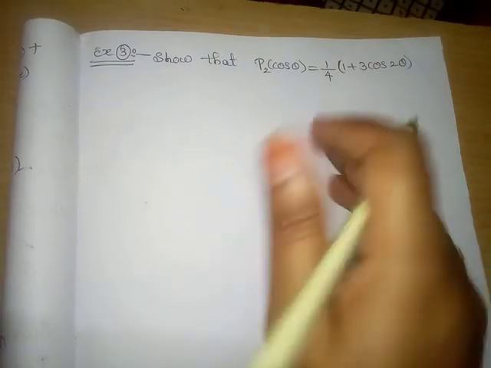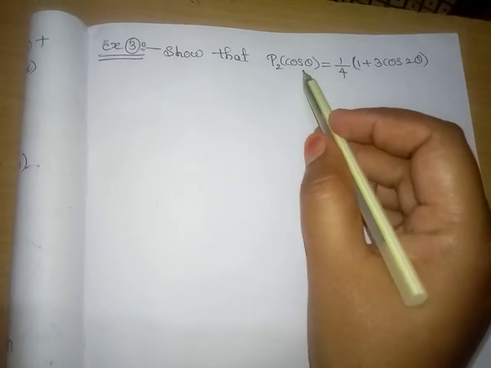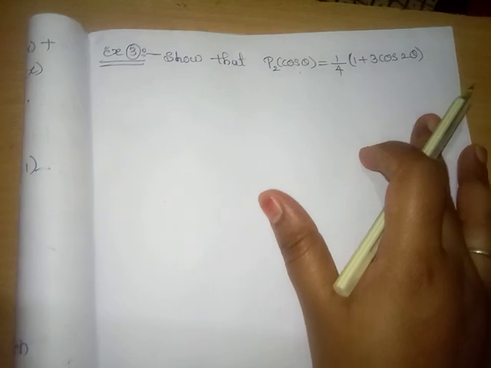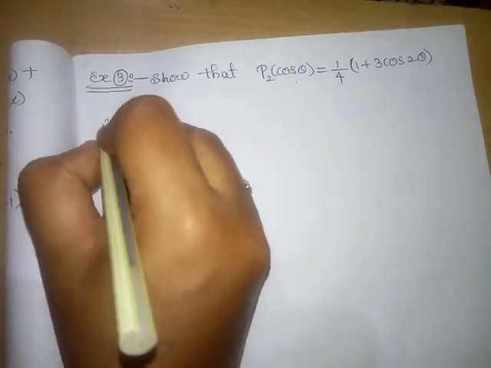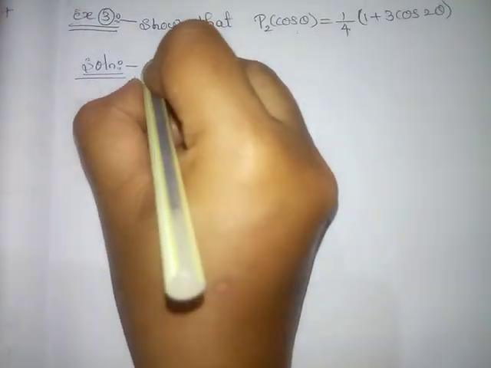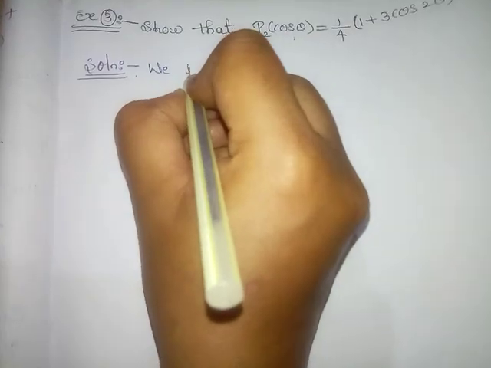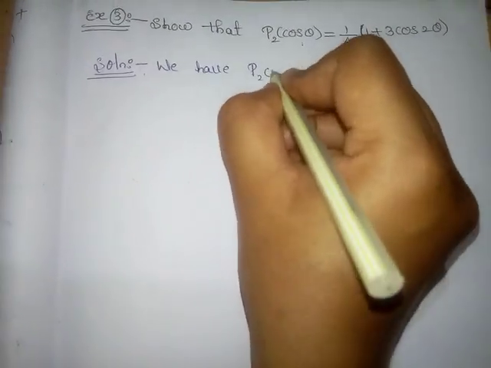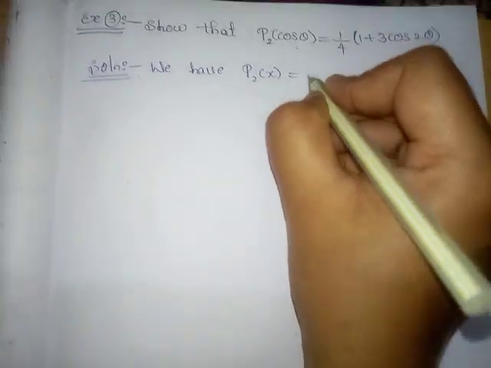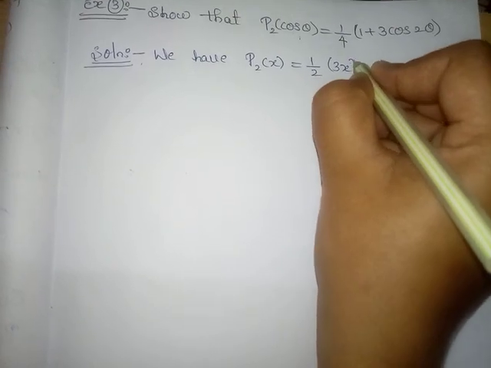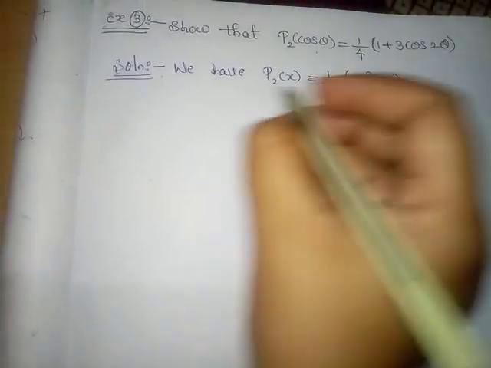2 theta. Here in place of x they have given cos theta, means this is of the form P2 of x. Solution, we have P2 of x is equal to 1 by 2 into 3x square minus 1.